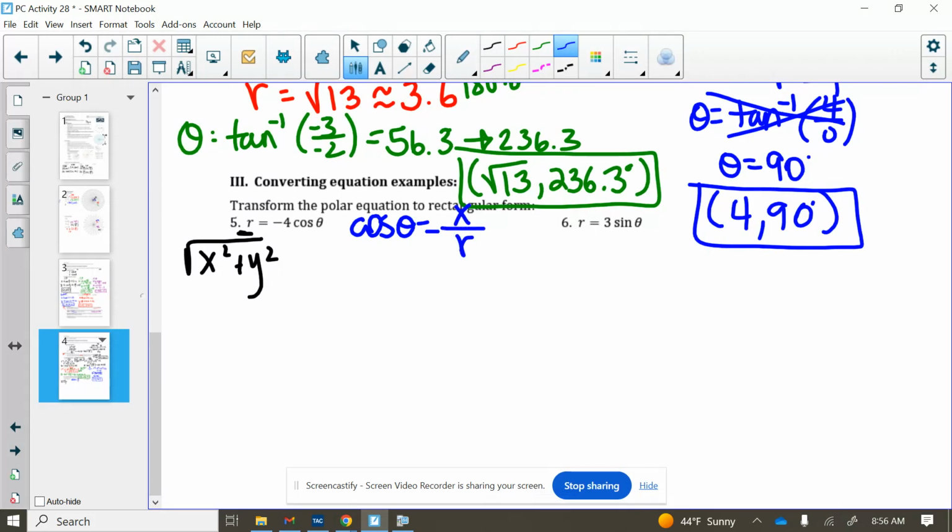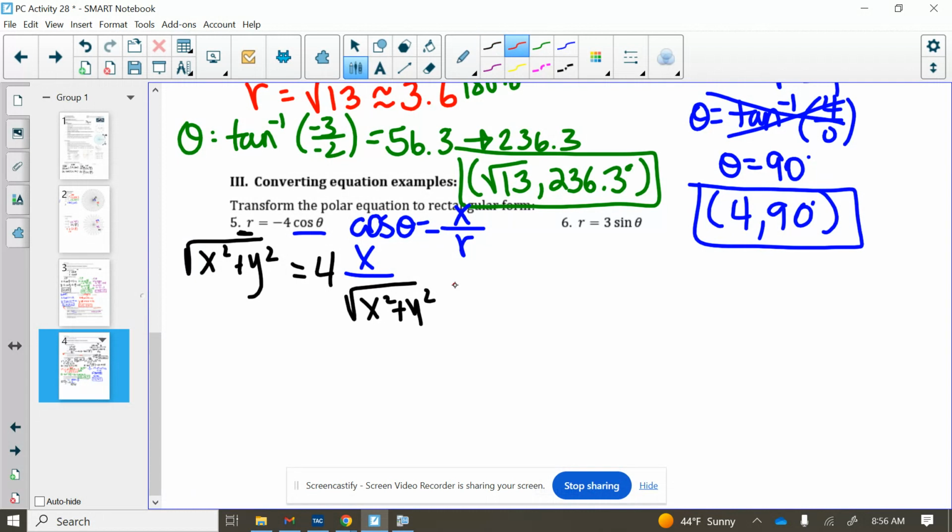Think adjacent over hypotenuse. So we can make these little substitutions in for r and cosine of theta, which if we have x over that r value, again, that r value could actually become square root of x squared plus y squared.